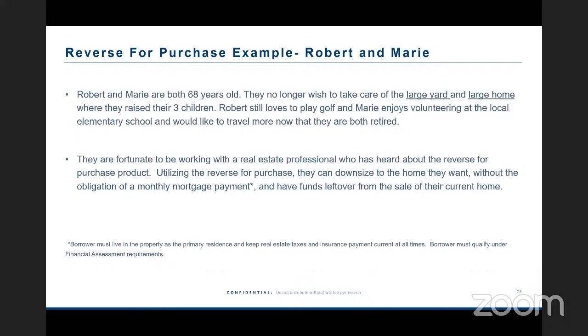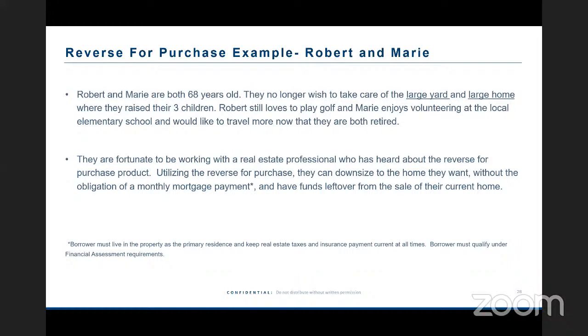Limiting themselves to the amount of cash they will net from the current home will not get them the home that they want. They're fortunate to be working with a real estate professional who has heard about the reverse for purchase product. Utilizing the reverse for purchase, they can downsize to the newly built smaller home that they want, of course, with the upgraded appliances and oversized patio that Marie likes, without the obligation of a monthly mortgage payment.